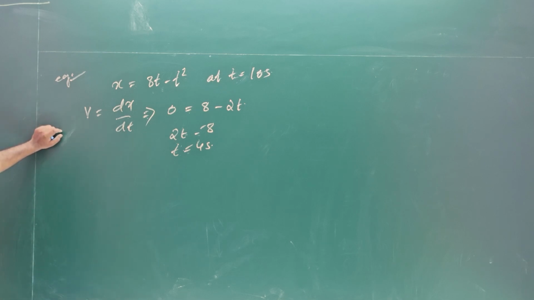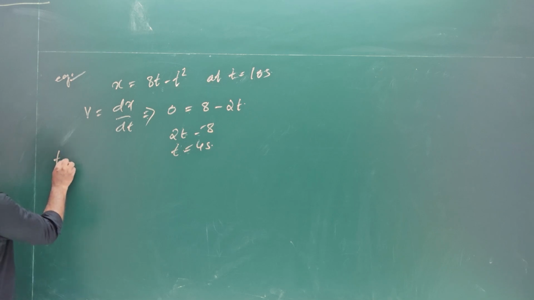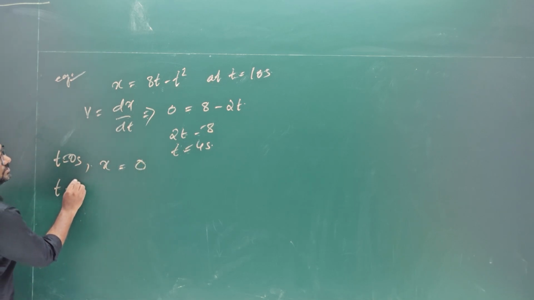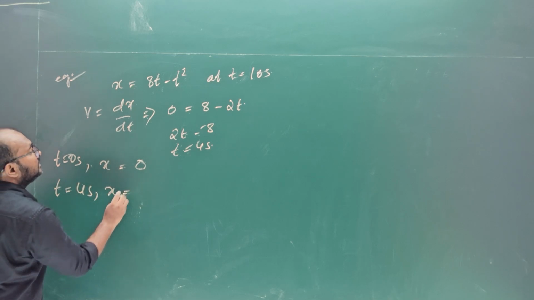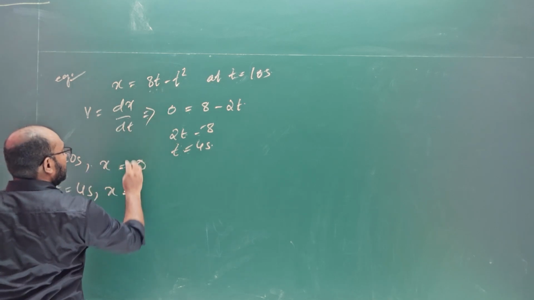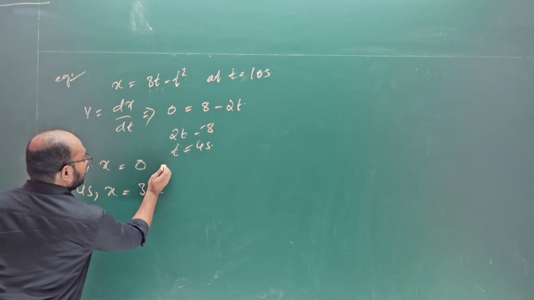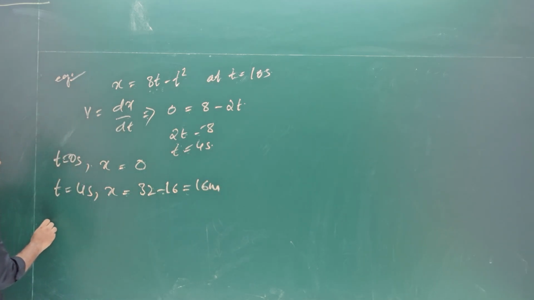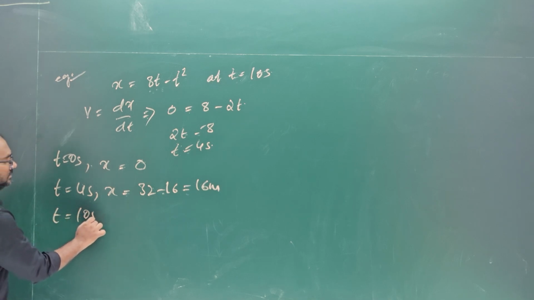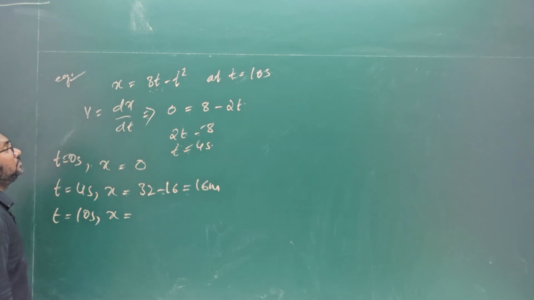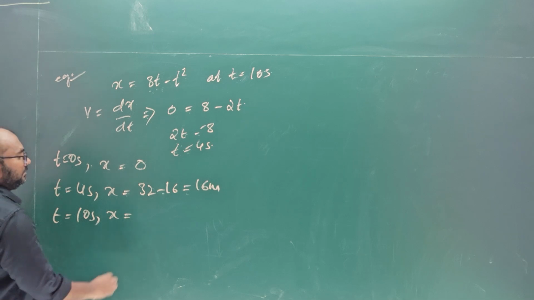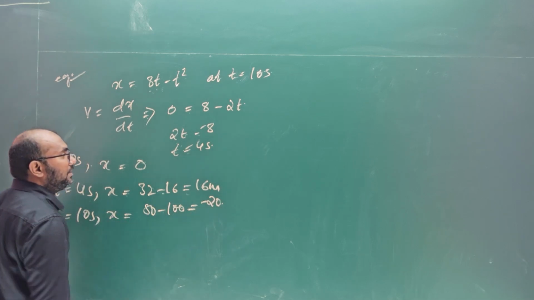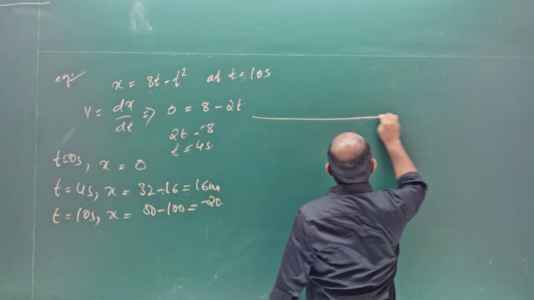Okay, now at t is equals to 0 seconds, what is the position of the object? 0. At t is equals to 4 seconds, x is equals to 32 minus 16, that is 16 meters. At t is equals to 10 seconds, x becomes 80 minus 100, that is minus 20. Let's frame this on the number line.